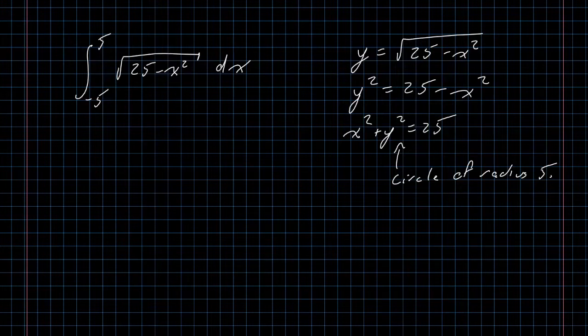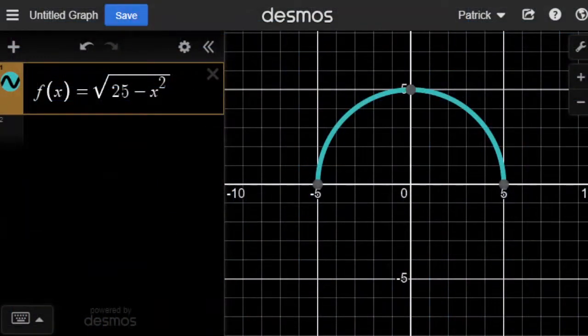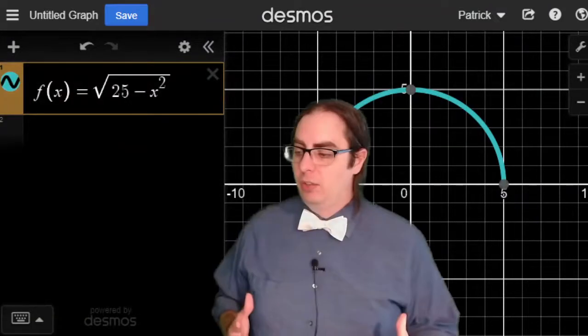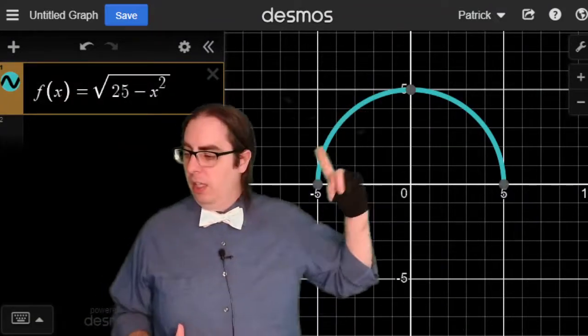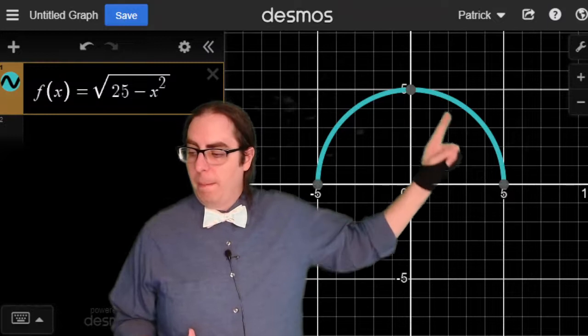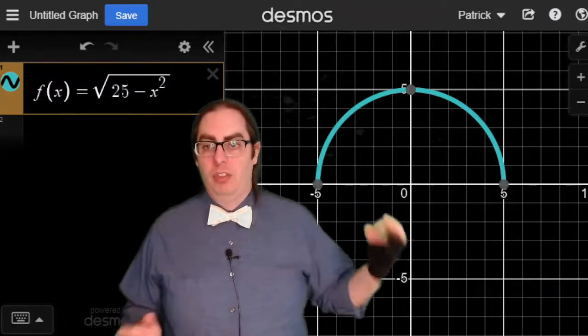That is an equation that you should recognize. It's the equation for a circle of radius 5. And so my graph, I'm not getting the entire circle, I'm just getting part of it. I have here half of a circle.